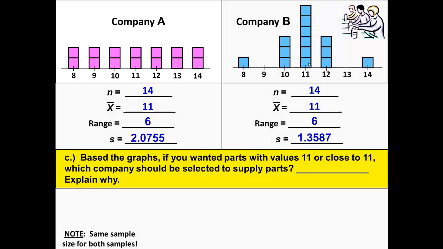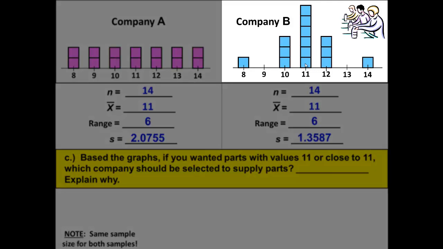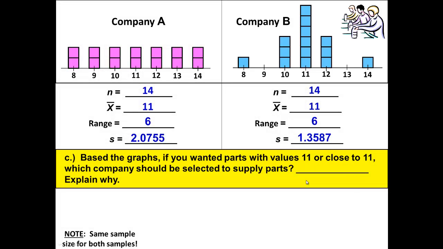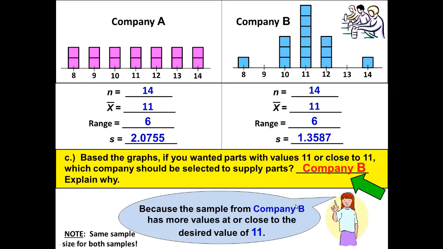Then look at Company B. Here's 11. How many parts are at 11 or close to 11? So which company would you choose? Well, Company B. Why? Because the sample from Company B has more values at or close to the desired value of 11.